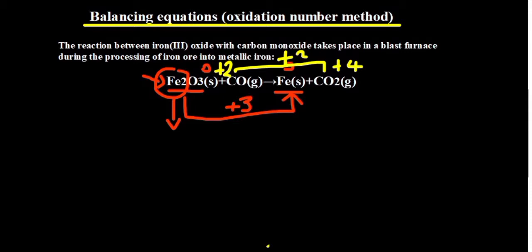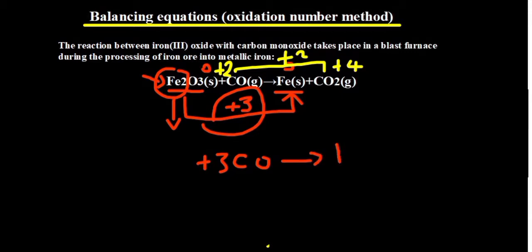We just have 1. So in this half reaction we have a change of 3, so the other side is going to be multiplied by 3. So it's going to be 3 carbon monoxide. We have our iron there. Our carbon dioxide is also going to be multiplied by 3, so it will be 3 carbon dioxide like that.